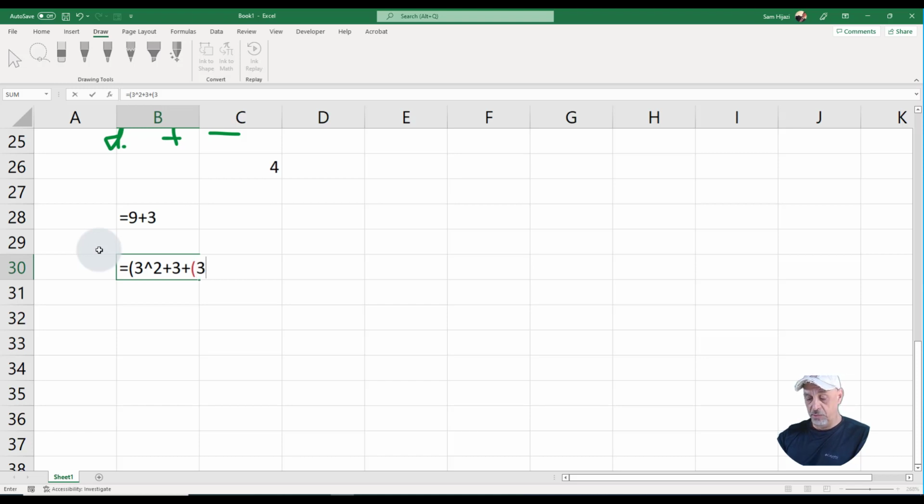I'm going to say 3 multiplied by 2 raised to the power of 2, making it smaller, plus mod, say here 14, comma, let's say 6, and plus 2 multiplied by 3.